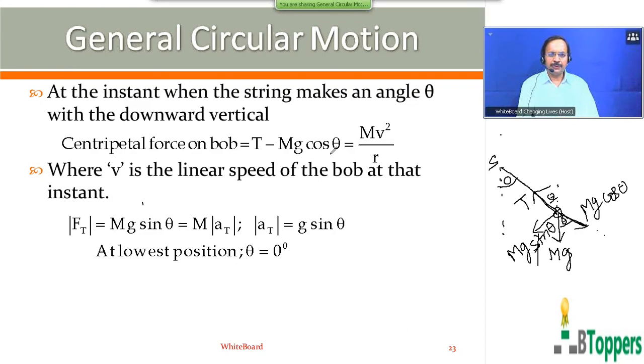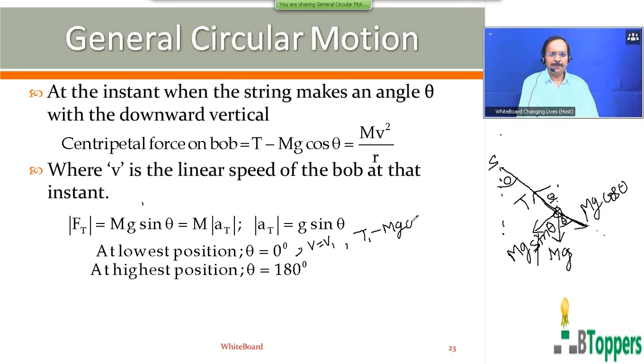So at the lowest position theta will be 0, so cos theta will be cos 0 degrees, which is 1. Then the equation for centripetal force becomes T minus mg equal to mv square by r. At the lowest position theta equals 0 and v will be written as v1 or u. The magnitude of tension at the lowest position I denote by T1.